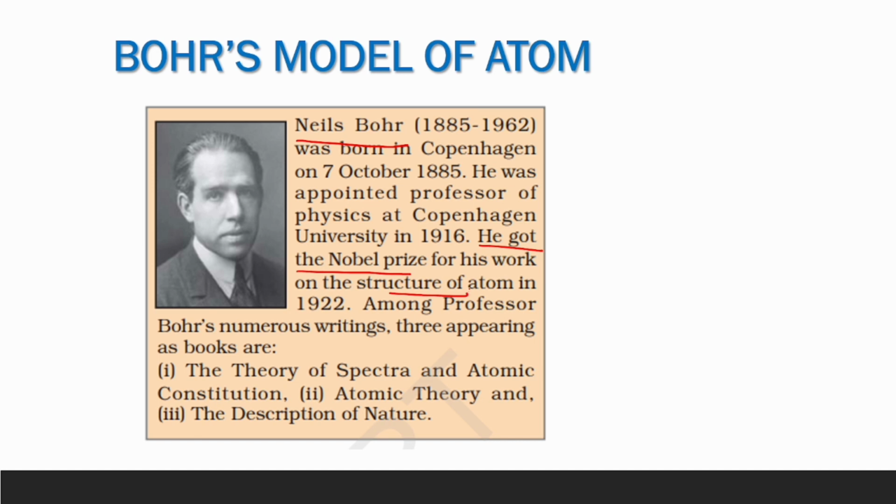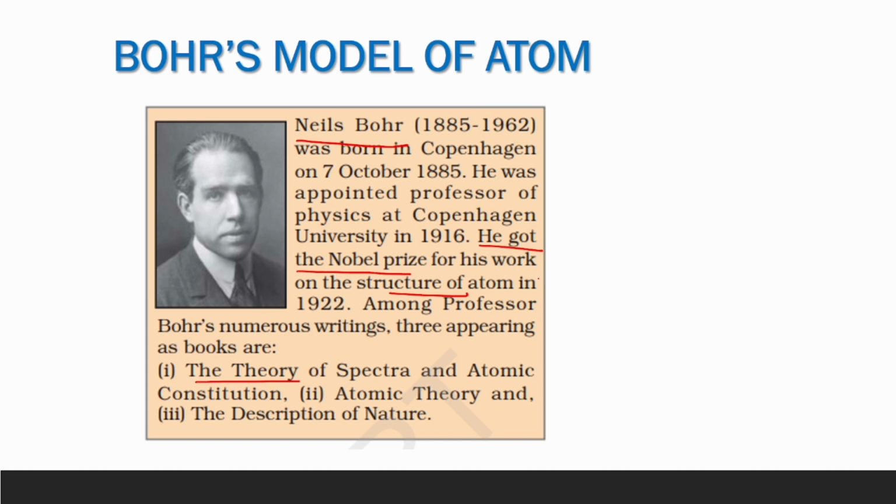He also wrote many books regarding the structure of atom and the theory of spectra. No need to study all that; only remember that Niels Bohr is the scientist who proposed the Bohr atom model, and he got the Nobel Prize for his work on the structure of atom.